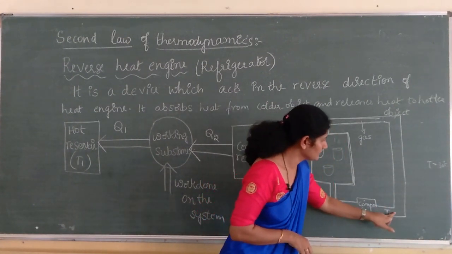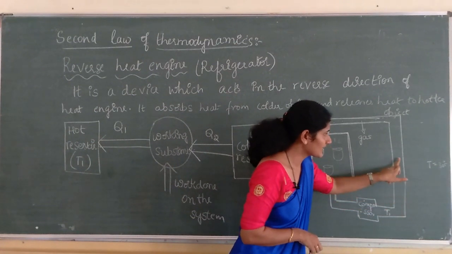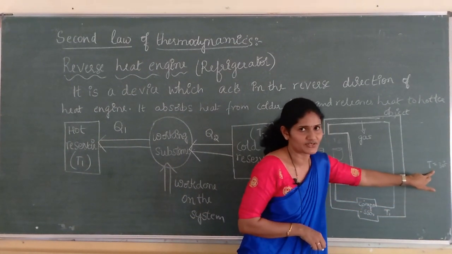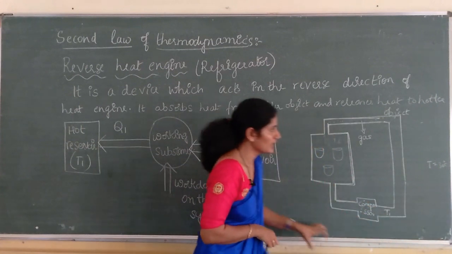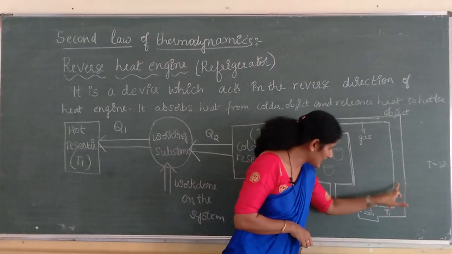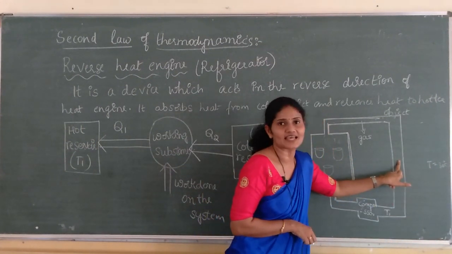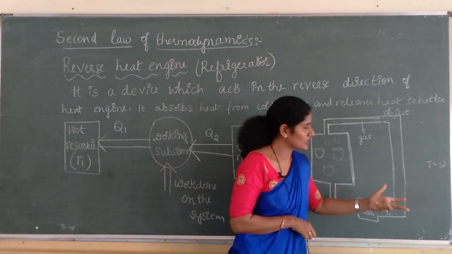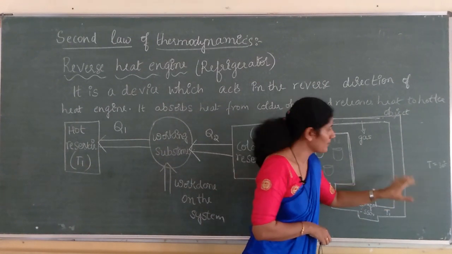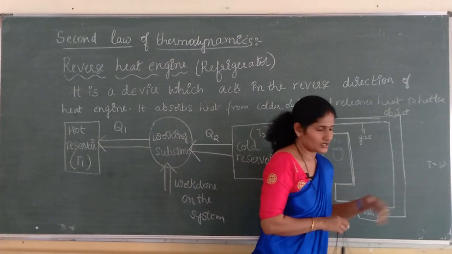This T1 is greater than the atmospheric temperature. Atmospheric temperature is less than the temperature of the gas. What happens naturally? Heat energy flows from higher temperature region to lower temperature region.